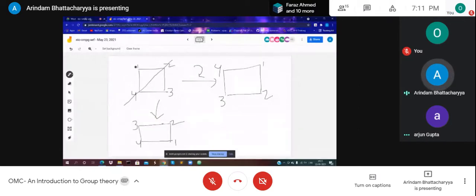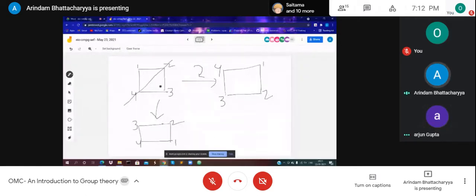And wherever one goes to, two has to be on one of its sides. I mean, two has to be adjacent to one, right? So one can go to n places. Because we are preserving the geometry of the square.